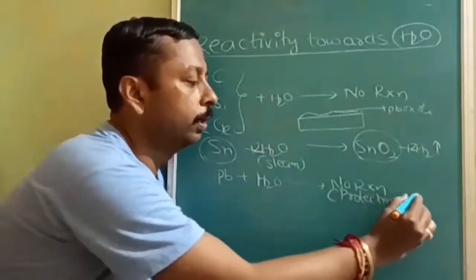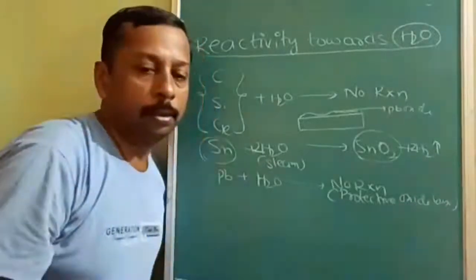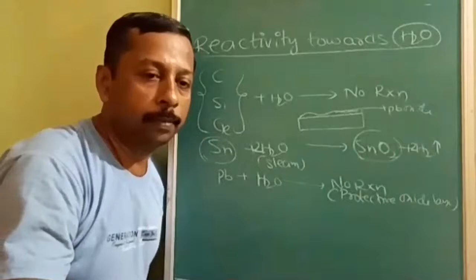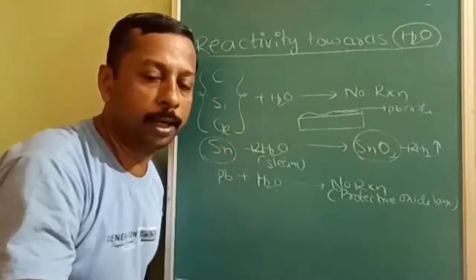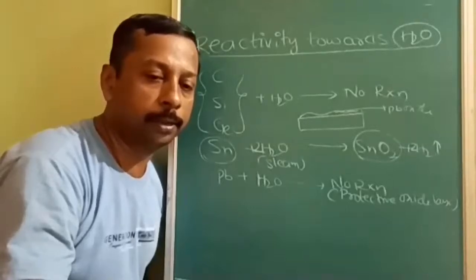Due to protective oxide layer formation. Is it understood? So this is about the reactivity towards water. Carbon, silicon, germanium, no reaction. Tin reacts only with steam to liberate hydrogen and converts into dioxide. Lead does not react with water due to formation of a protective layer of oxide. Okay.